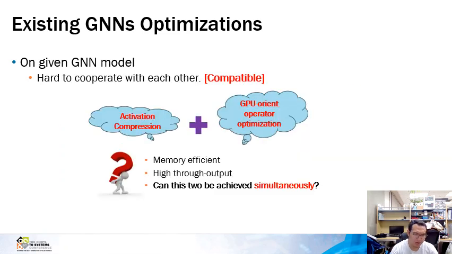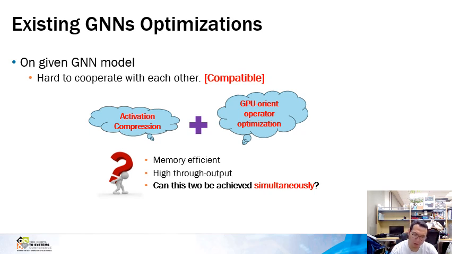Continuing with our discussion on GNN optimizations, let's explore another important aspect, the compatibility of different optimization techniques. Previous researchers have introduced many optimization techniques. Can we just combine them and expect a better performance? For instance, consider activation compression and GPU-oriented operator optimization.